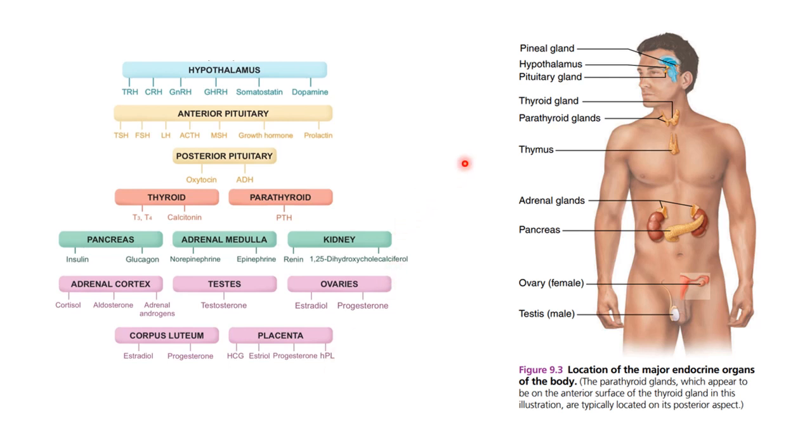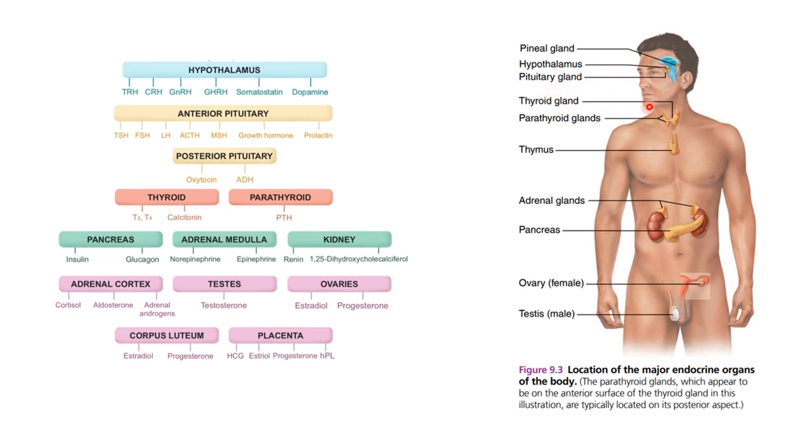So here, in the image in the right would be the relative locations of the different endocrine glands in the human body. You have the pineal gland, which secretes melatonin, that is important for maintaining the sleep-wake pattern of the human body. You have the hypothalamus, and connected to it would be the small pea-sized pituitary gland.